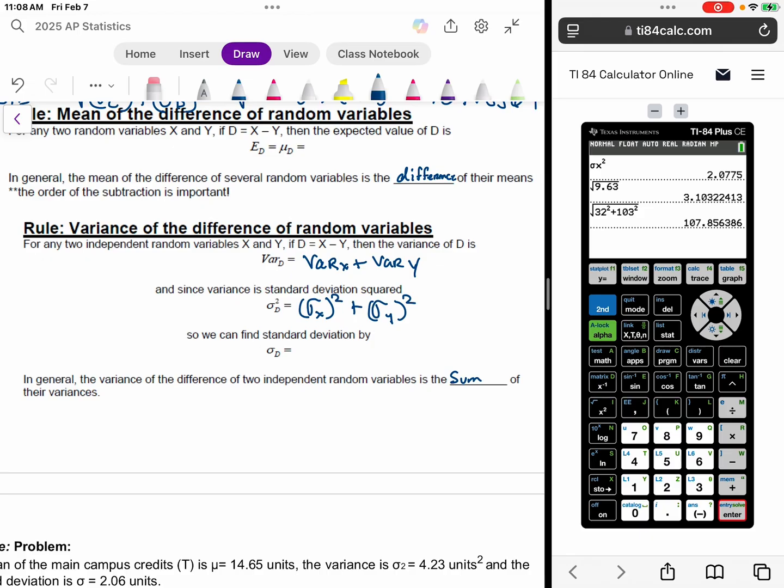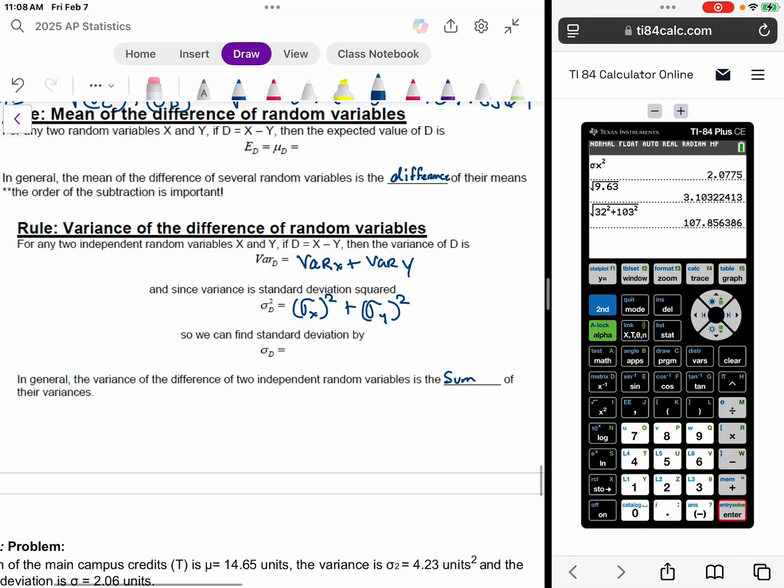And then when we go to find the standard deviation of the difference, we would just take the square root of that, even if we are subtracting our random variables.